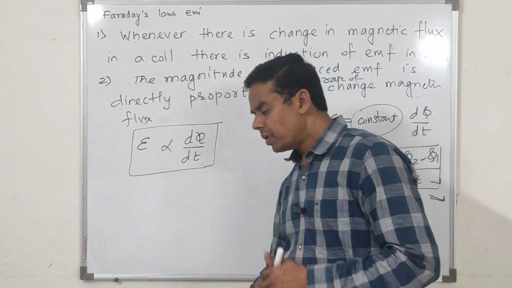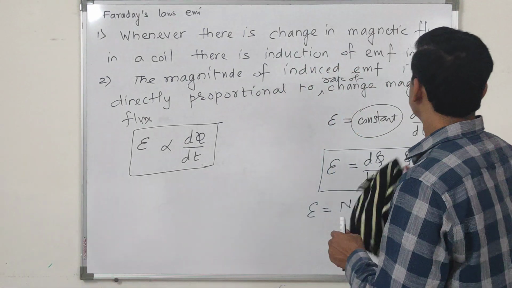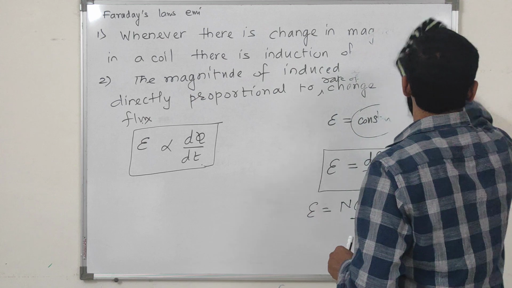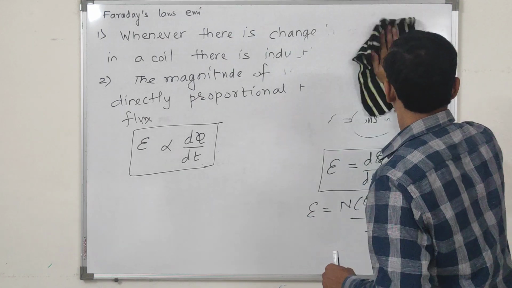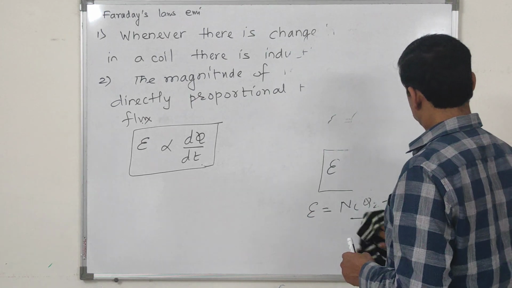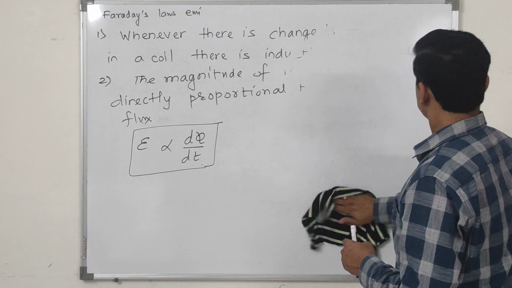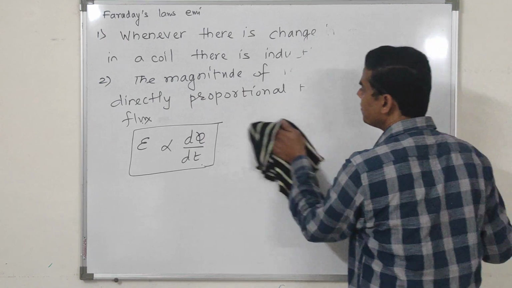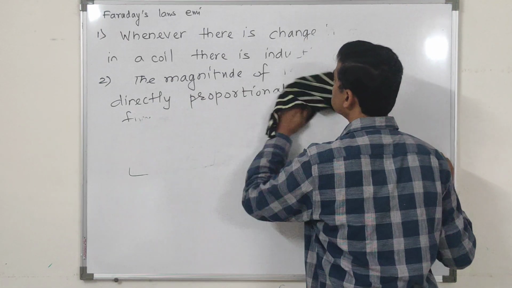So this is the general formula for EMF induced in the coil, and this is Faraday's law of electromagnetic induction. What we have learned here: first, Faraday's first law gives us the cause why there is an induction of EMF, and the second law gives us how much EMF is induced, that is the magnitude of induced EMF.